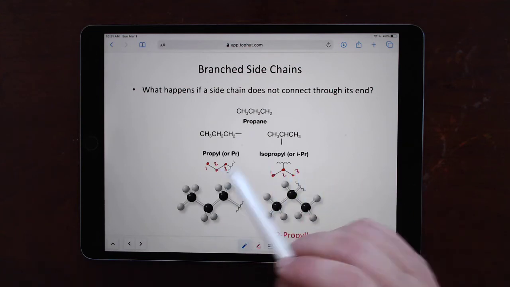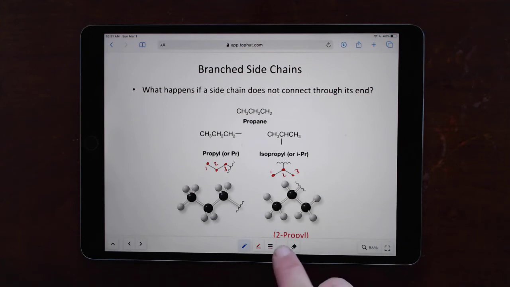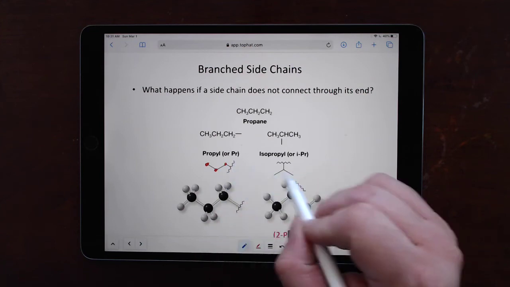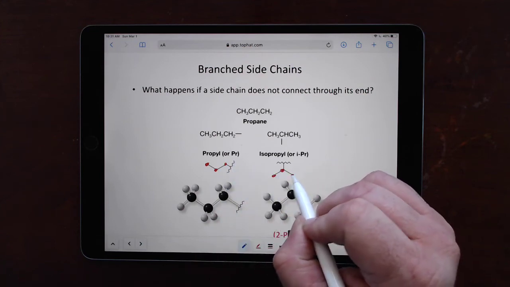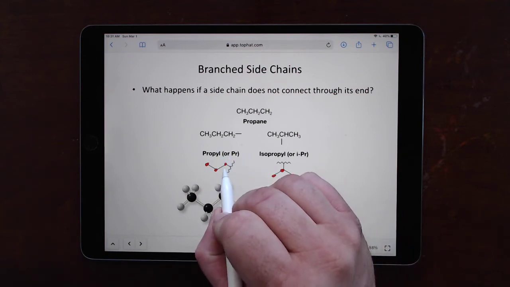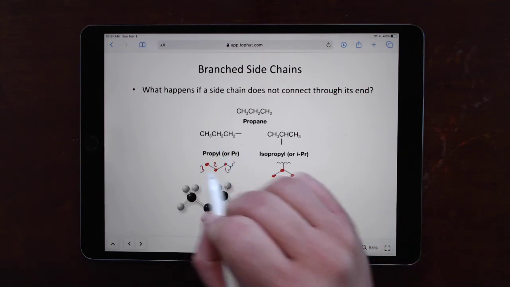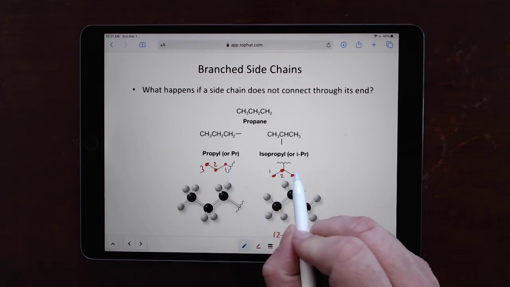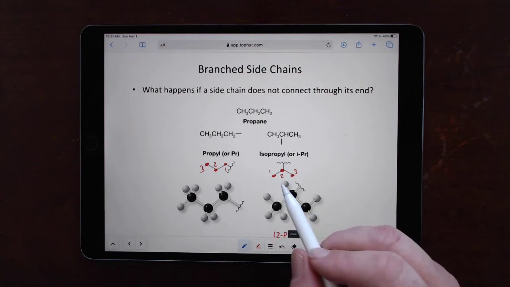But let me start again. This little squiggly line is where it's connecting to the main chain. For this one, it's connecting through carbon 1 at the end. This one, however, is connecting to the main chain through carbon 2.